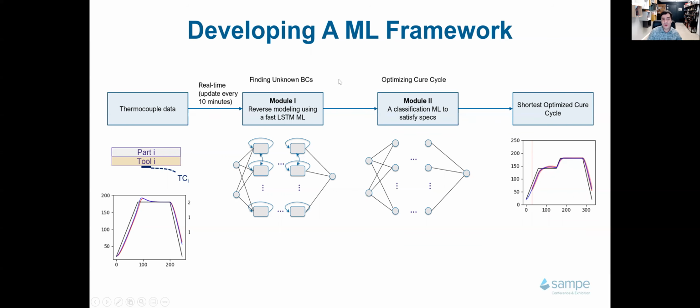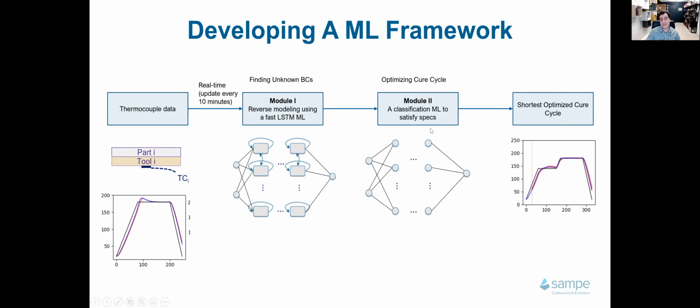There is what we call module 1. This module 1 is a neural network trained by the software I just mentioned. It gets this data and can give you the boundary conditions around these parts, or multiple boundary condition solutions, because mathematically this is an ill-posed problem. It will have multiple solutions. It can find all the solutions for all the parts within an autoclave in a very short period of time.